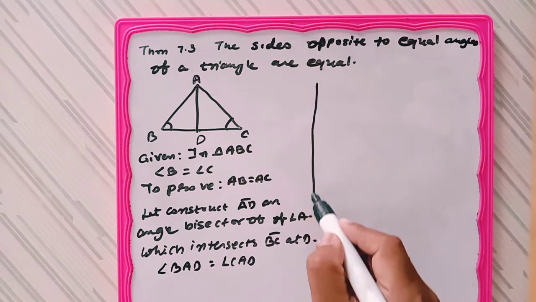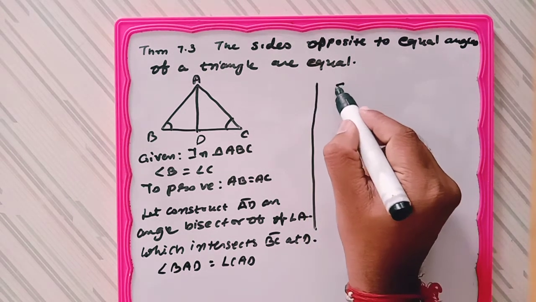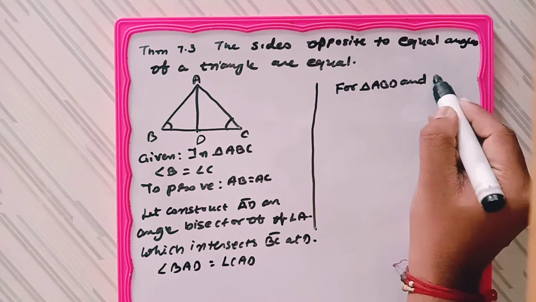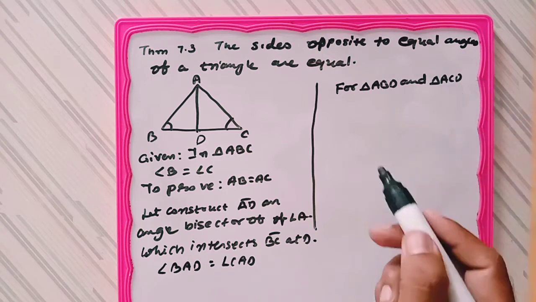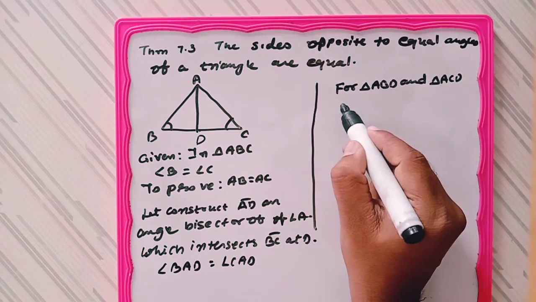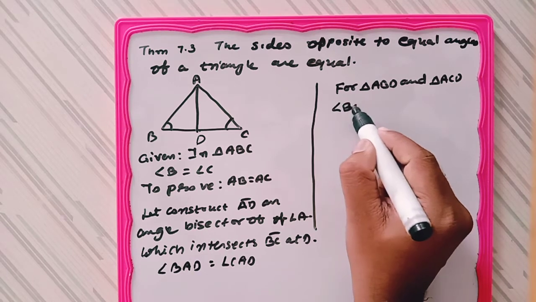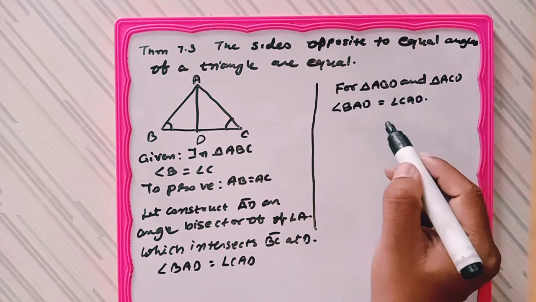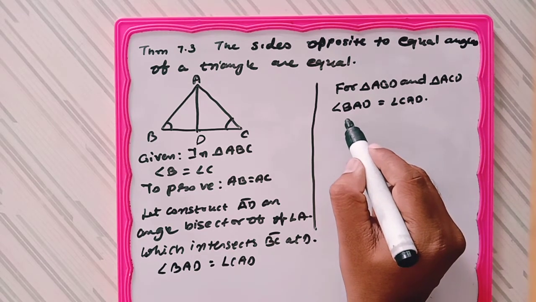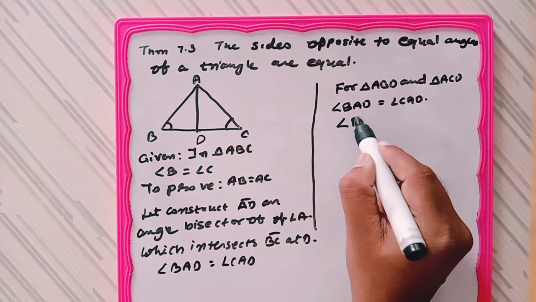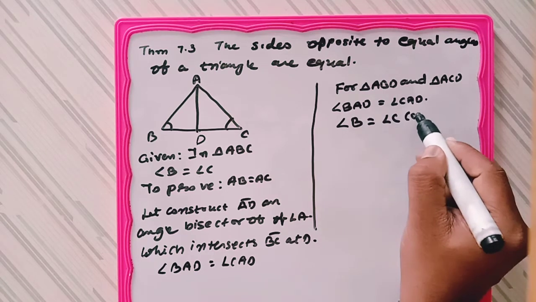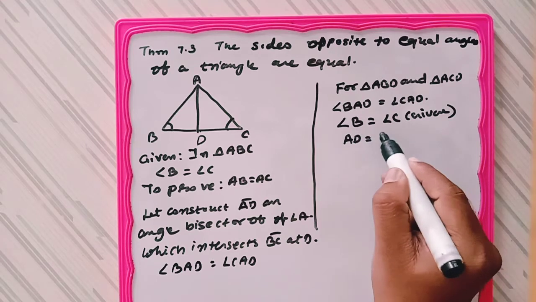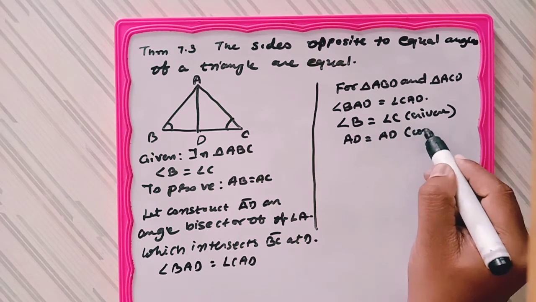Now again we can see that for triangle ABD and triangle ACD, we have angle BAD equals angle CAD, which we accepted through construction. Angle B equals angle C, that is given, and AD equals AD, that is the common side.